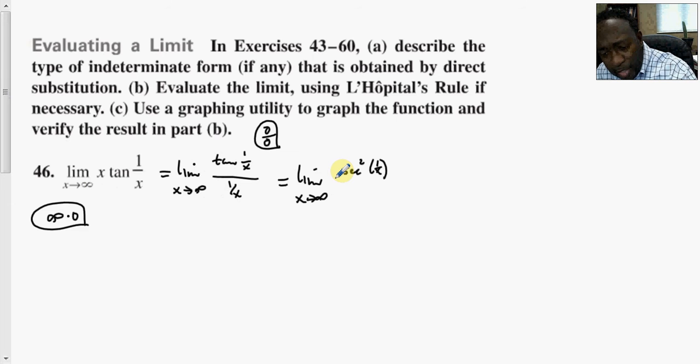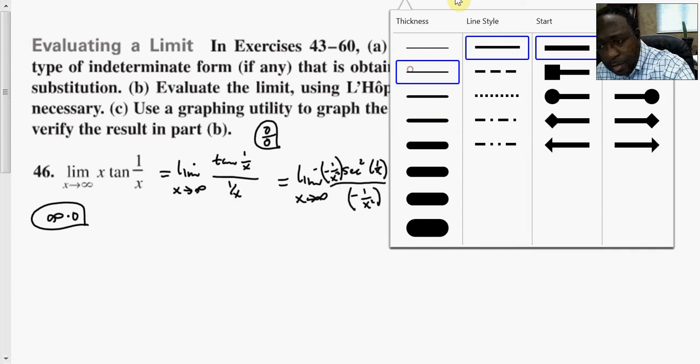Take that derivative, we get negative 1 over x squared, all over the derivative of 1 over x, which again is negative 1 over x squared. Well, those terms cancel out.